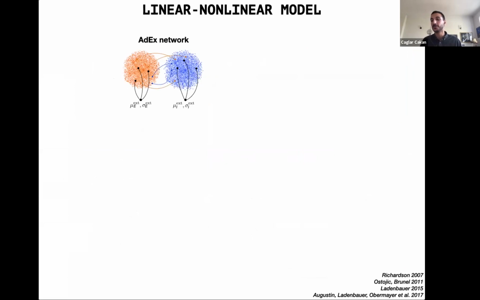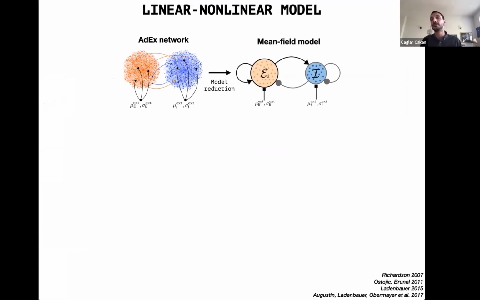And I've decided to not put any equations to how this mean field approach works, but just an image will suffice, I guess. So we have an AdEx network, delay coupled between E and I populations receiving inputs. And we do this mean field reduction that you can see in our paper, how it works.